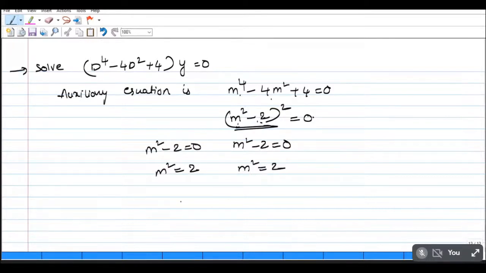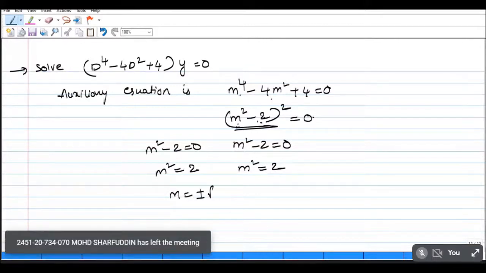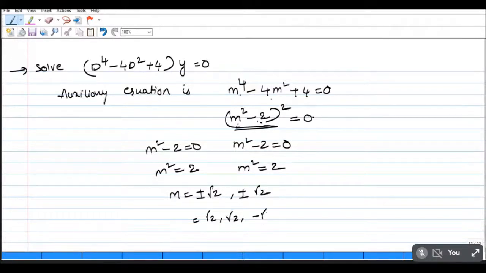What is m? Plus or minus root 2. Here also plus or minus root 2. That is, what are the roots? Root 2, root 2, minus root 2, minus root 2. Real roots or complex roots?